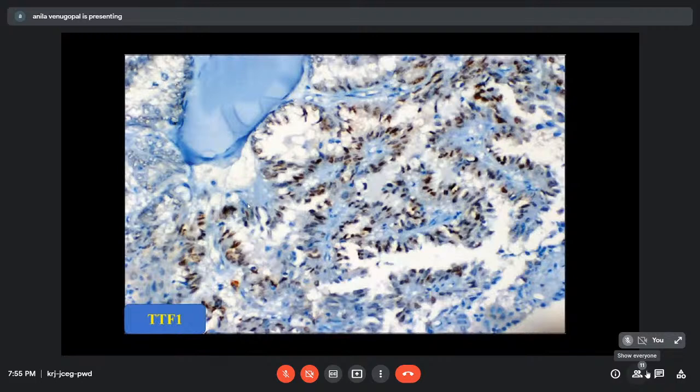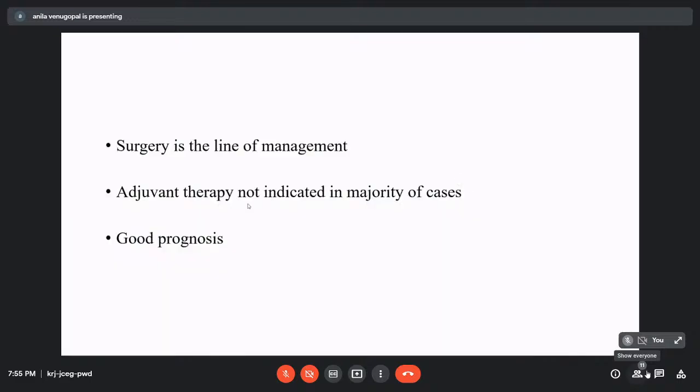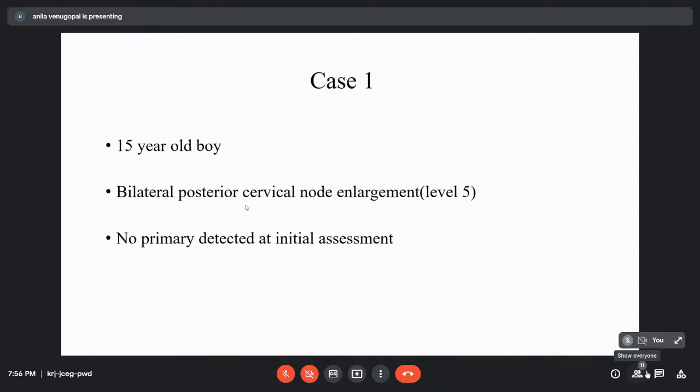But thyroglobulin is negative in this cancer, and it has a very good prognosis. It's a low-grade tumor, and surgery is the line of management. The majority of cases don't require adjuvant therapy, and this group of tumors is associated with very good prognosis. The salivary-like carcinomas I'm not touching upon in this talk.